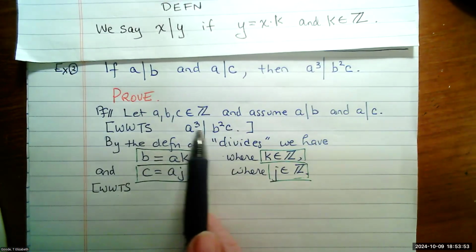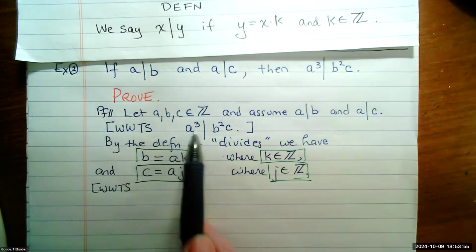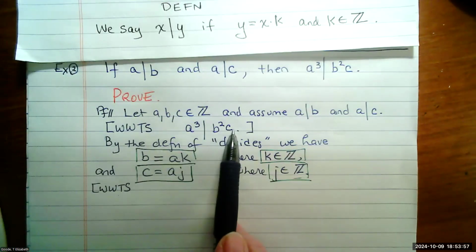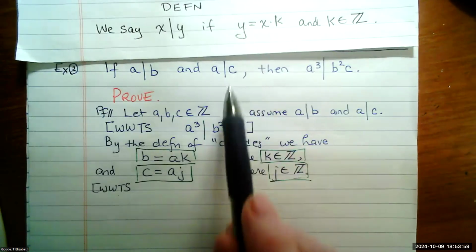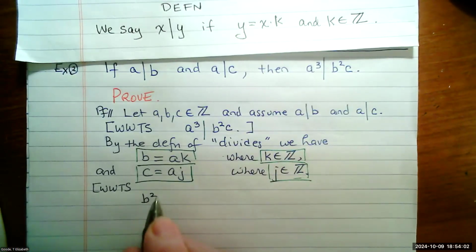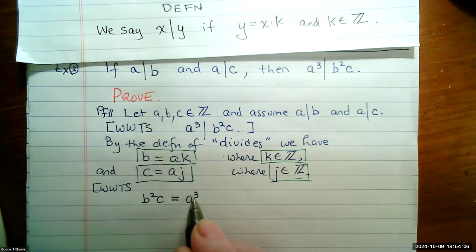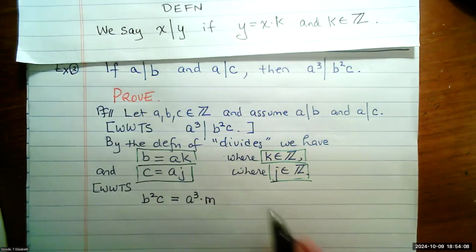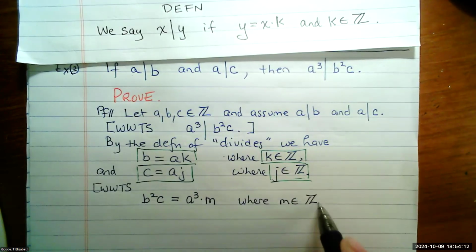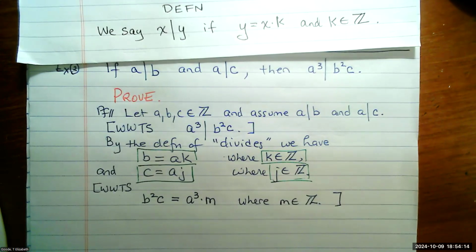Let's see. The X is A cubed and the Y is B squared C. So we want B squared C to equal A cubed times, I'll say M, where M is in Z. Everybody keeping up?